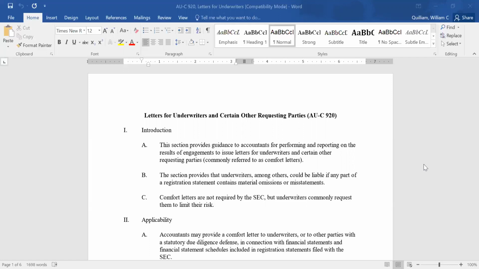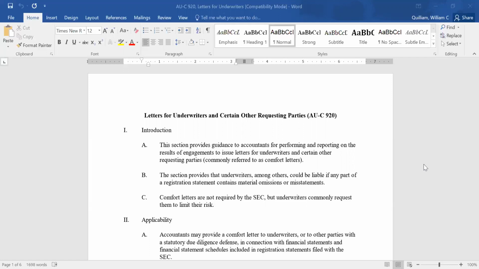Also, the underwriter faces possible statutory liability under the Securities Act of 1934. Under the Securities Act of 1934, which was one of the two acts establishing the SEC, the underwriter was cited as a type of expert. So an expert does have statutory or criminal, if you will, liability under the Securities Act of 34.